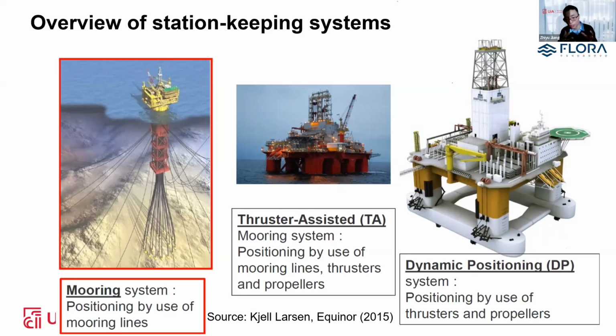While in contrast, for traditional oil and gas platforms, floating platforms, we also have thruster-assisted or dynamic positioning systems. That means we need to also have thrusters positioned on different parts of the platform in order to provide sufficient forces to keep the system in position.